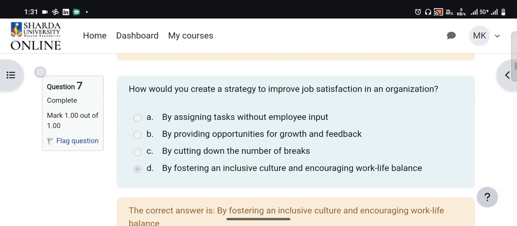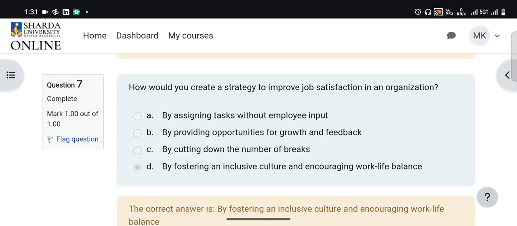Question number 7. How would you create a strategy to improve job satisfaction in an organization? Option A. By assessing tasks without employees' input. Option B. By providing opportunities for growth and feedback.